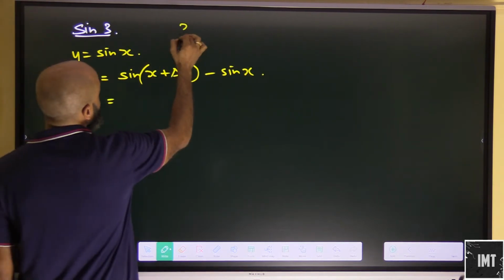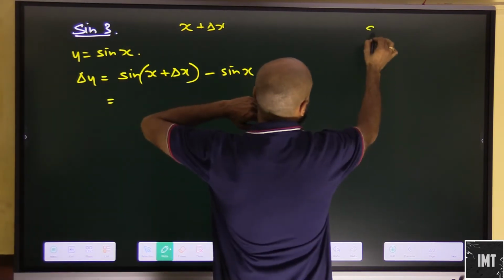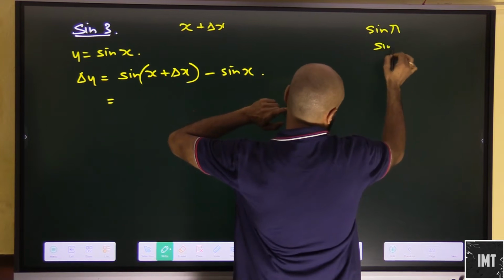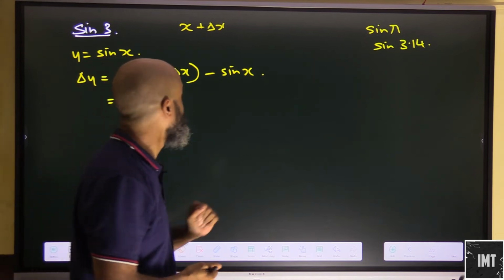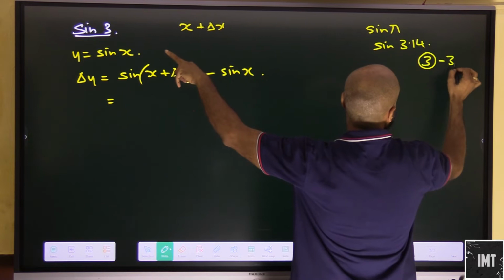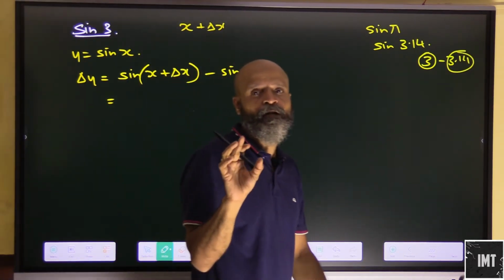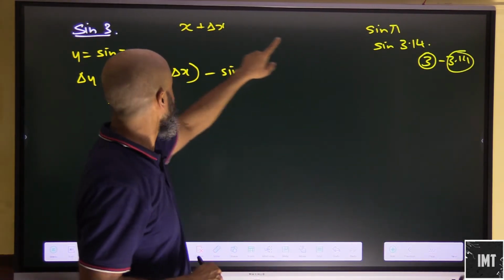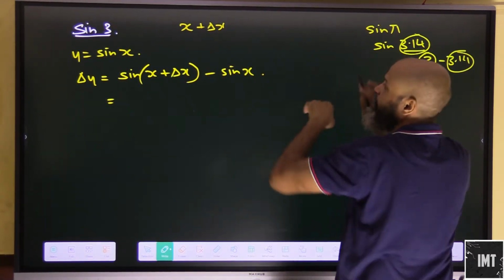We know the value of sine pi, which means sine 3.14, pi radians being 3.14. The closest value to 3 is 3.14, for which we are aware of the exact value. We have to always hunt for the closest value for which we know the exact value. So for sine 3, the closest value is sine 3.14.